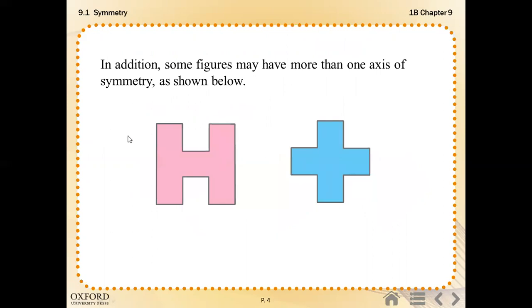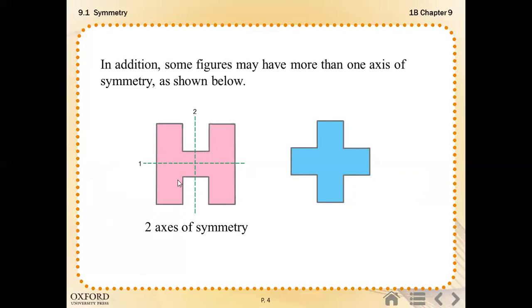Sometimes you may see figures that have more than one axis of symmetry, like the letter H on the left. There are two axes of symmetry. You can cut it up, down, equal.